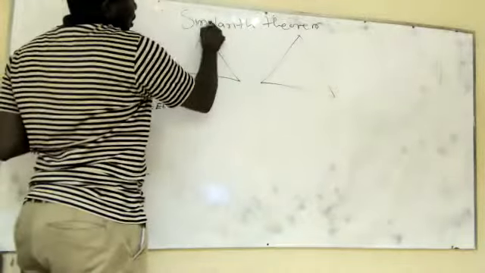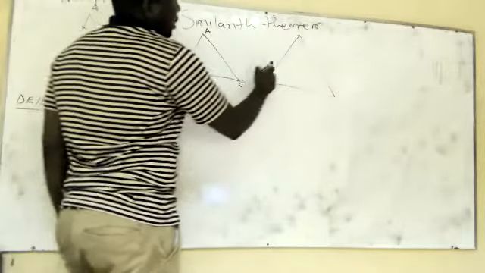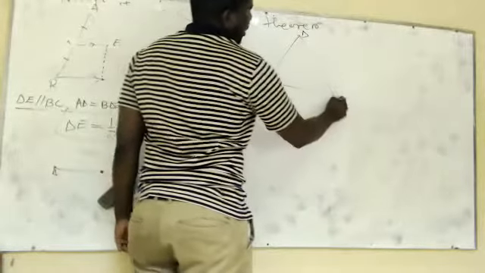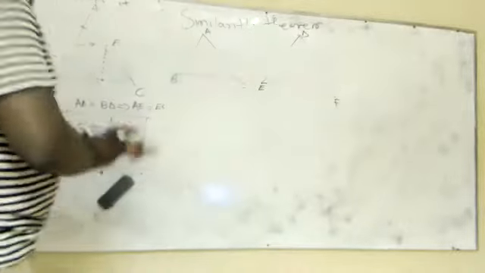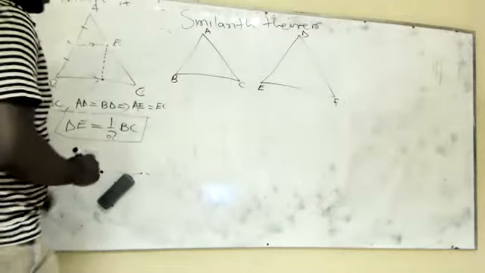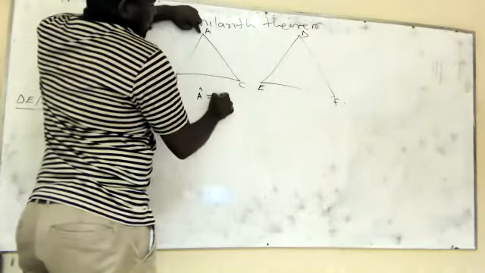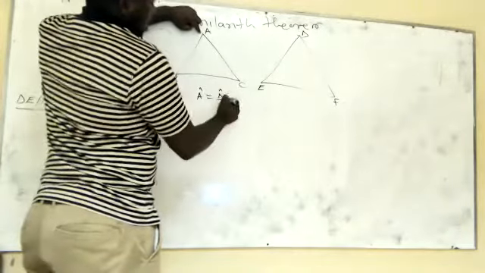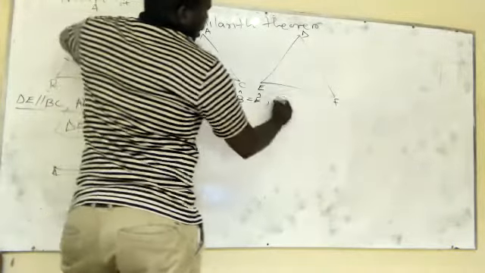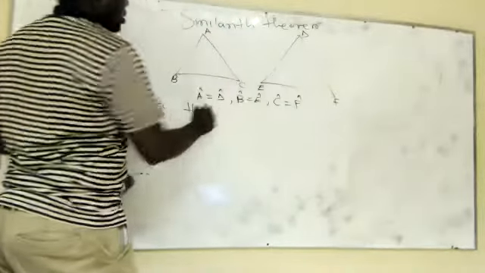Let's say the first triangle has angles A, B, and C, and the second one has angles D, E, and F. This theorem tells us that if A is equal to D and B is equal to E and C is equal to F, then this is the conclusion that we're going to make.